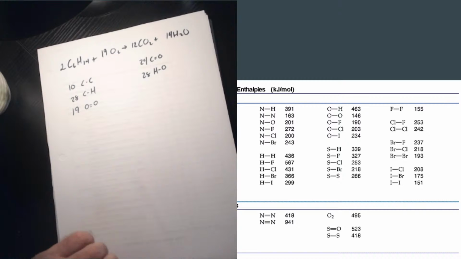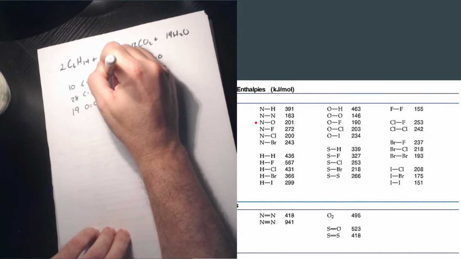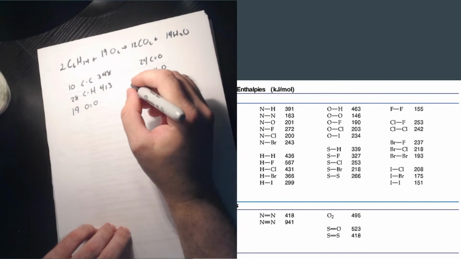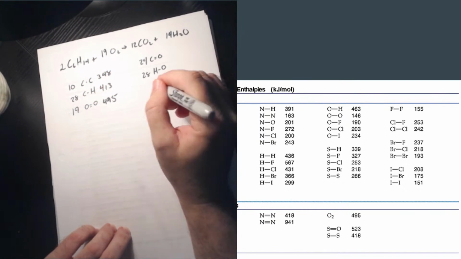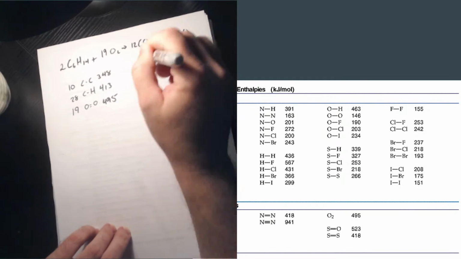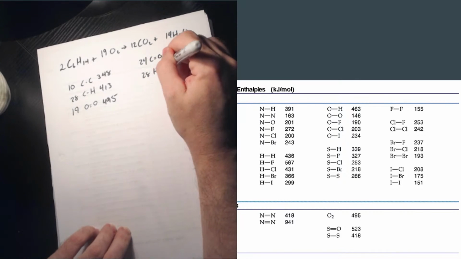Okay, so we look at our table. Carbon-carbon is 348. Carbon-hydrogen is 413. Oxygen double bond is 495. Carbon-oxygen double bond is 799. And hydrogen-oxygen single bond is 463.